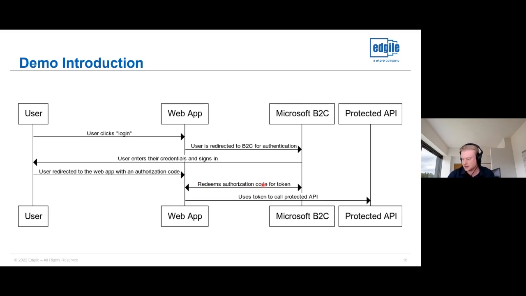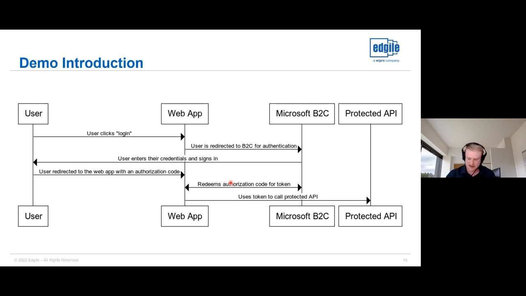And this access token is useful to actually call things like protected web APIs. In combination with this access token, because B2C implements the OpenID Connect framework, it will also give you an ID token.